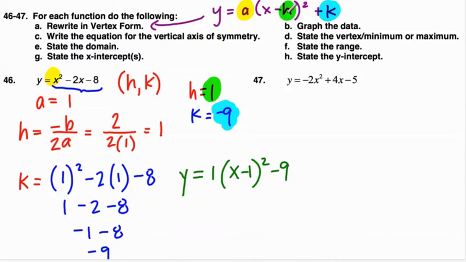Again, in place of h, I put a 1, so I have x minus 1 in the parentheses. K is equal to negative 9, so I would subtract 9. And then, of course, a was equal to 1, and that's where a goes. So this is vertex form.